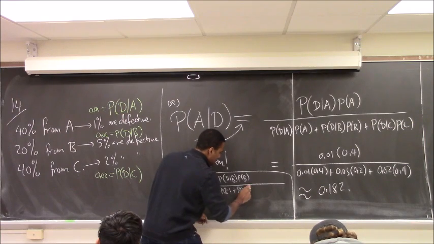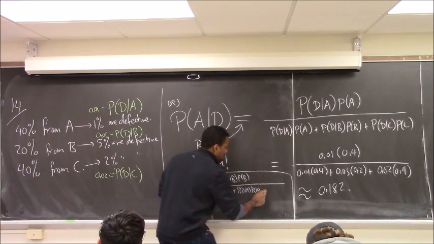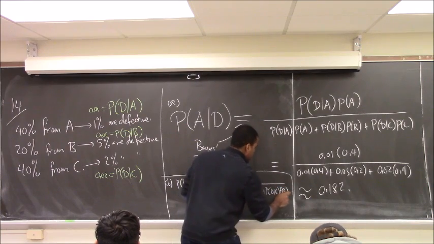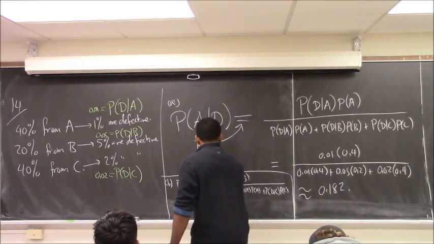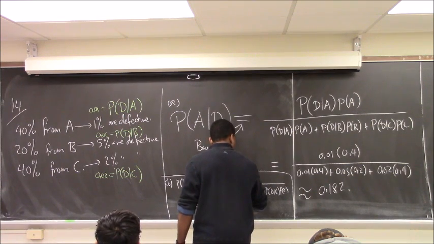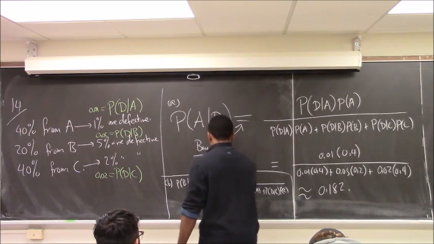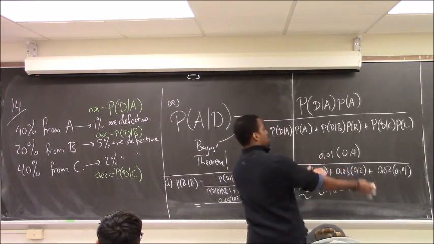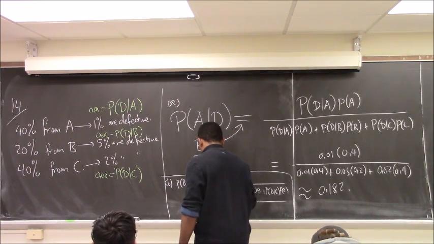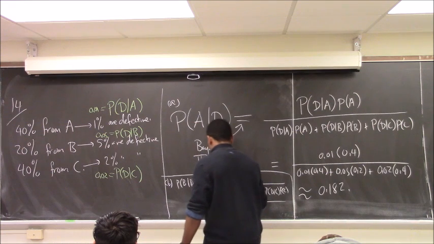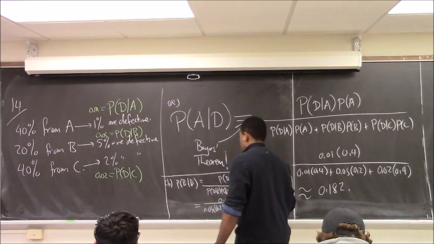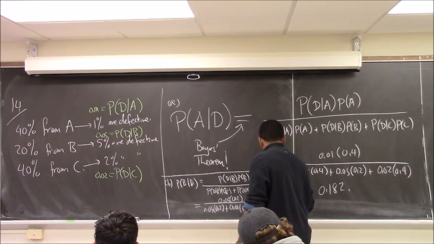So this one is going to be 0.05 times 0.2 divided by the same denominator: 0.05 times 0.2 plus 0.01 times 0.4 plus 0.02 times 0.4.